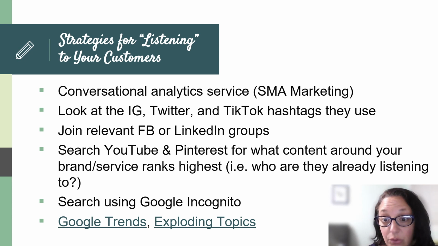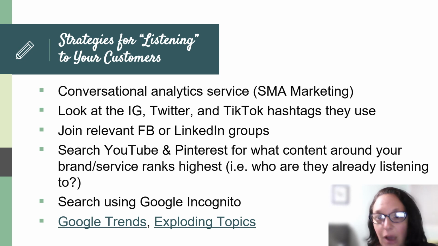You can also do this yourself by hopping on Instagram, Twitter, and TikTok and searching by hashtag. So, if you're a gardener, you're going to search for gardening season or indoor plants, outdoor plants, however you would search, whatever you think is relevant to potential search queries. And hashtags will show you if you're on the right track or if you're on the wrong track very quickly.